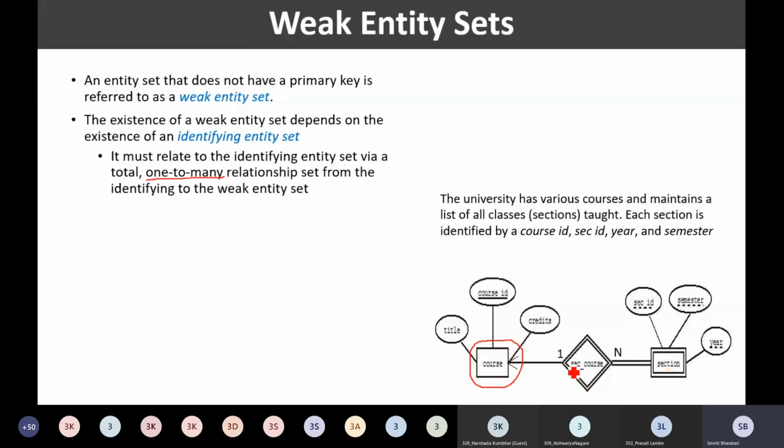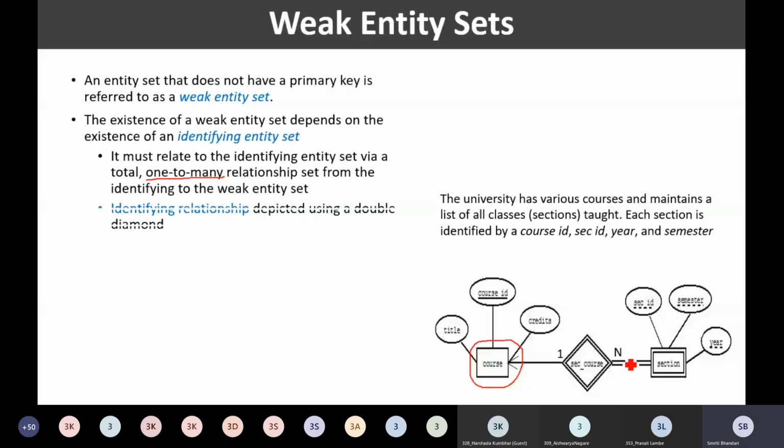So towards identifying entity set it is 1 and towards the section entity set, towards the weak entity set it is many, right? And this relationship is called as identifying relationship and this is depicted using this double diamond.